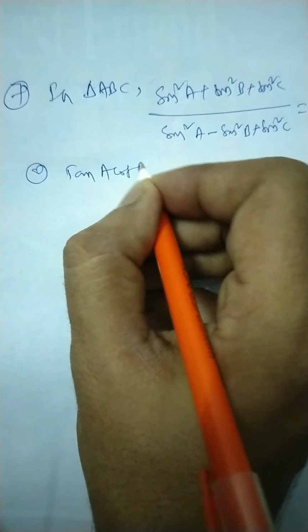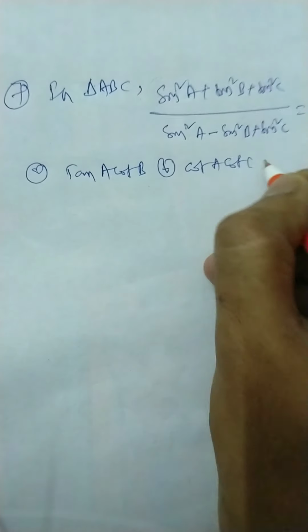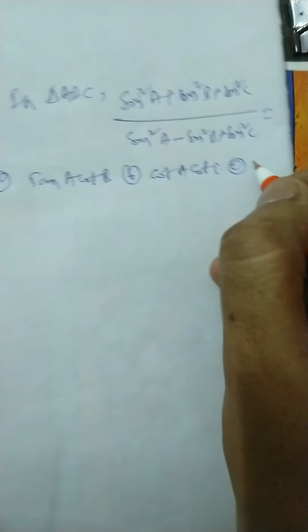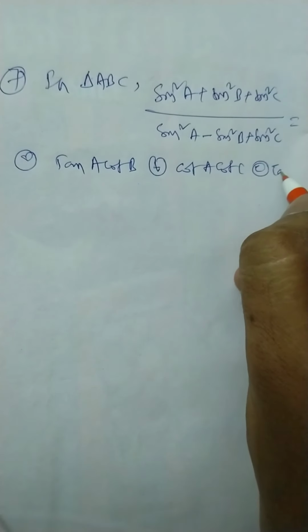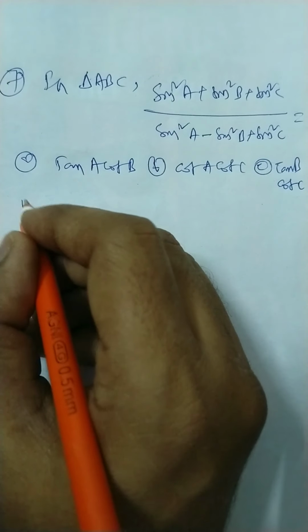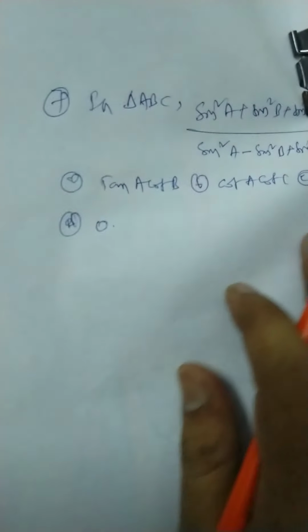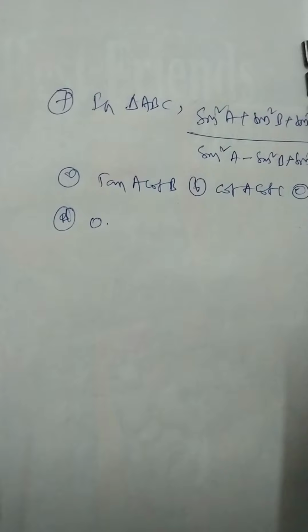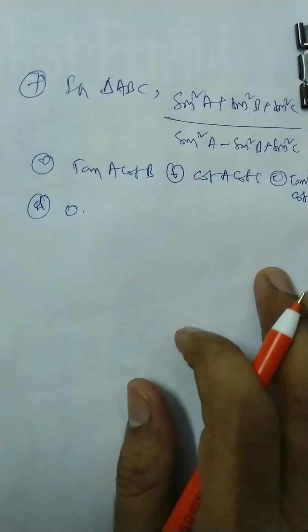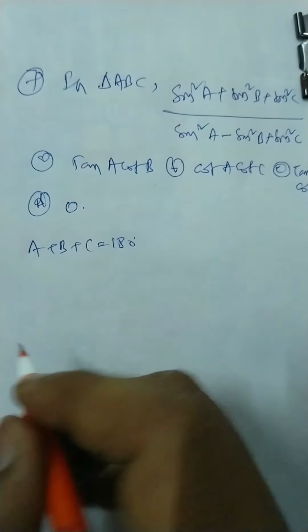The options are tan A cot B, cot A cot C, tan B cot C product, and the last option is 0. To attempt this problem, what we have been given is a triangle ABC, so the sum of angles is equal to 180. It's a very big problem.